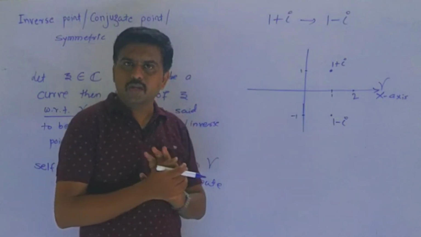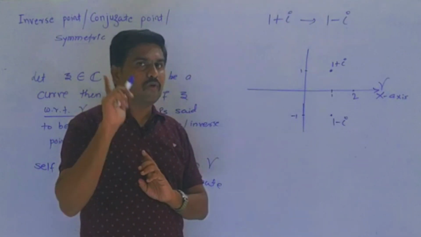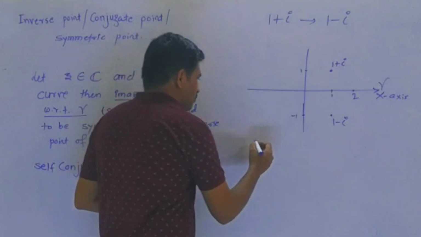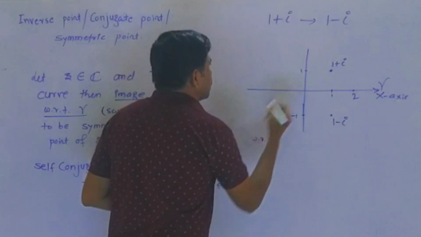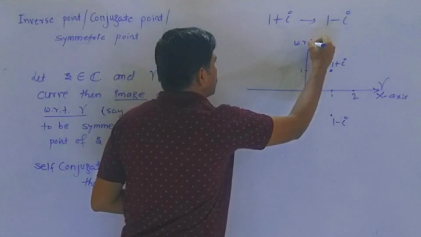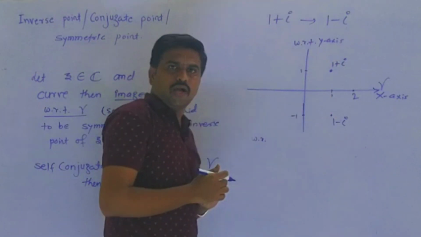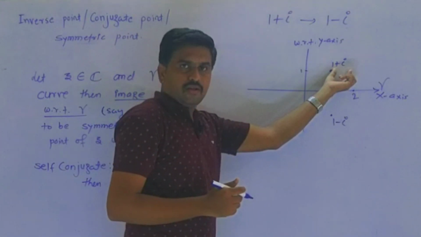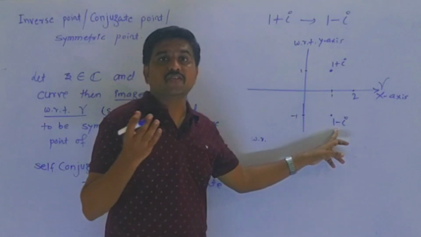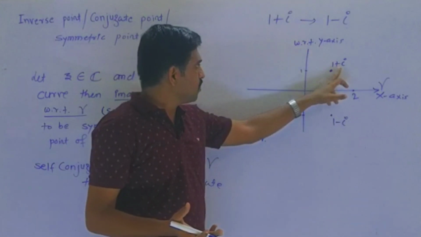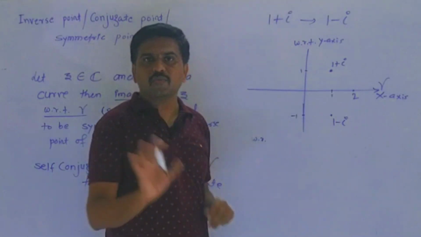What is the conjugate of 1 plus i with respect to the y-axis? Okay, I write here, with respect to the y-axis, what is the conjugate of this one? So obviously 1 minus i is not possible with respect to the y-axis.